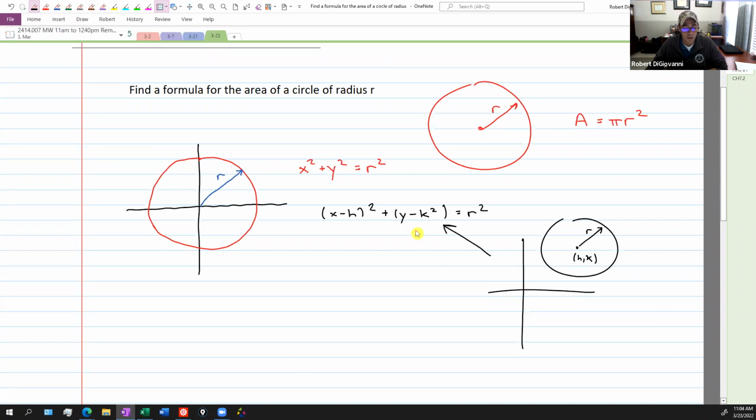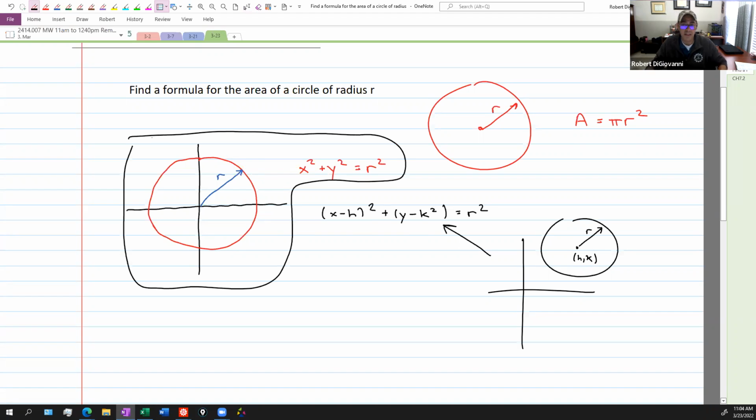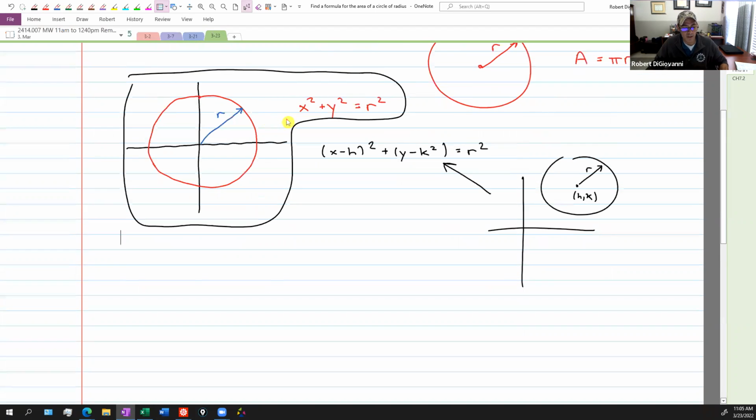So this equation right here is the equation of a circle centered at the origin of radius r, and I would like for us to find the area of it. The way I'm going to do this is take this equation and solve it for y first.